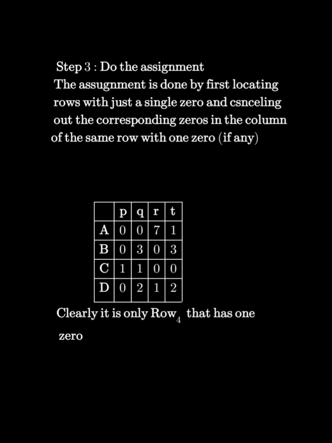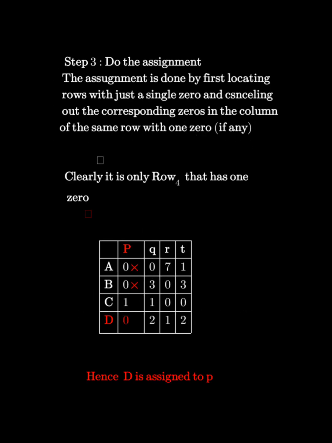So because row 4 has one 0, you are going to assign row 4. Row 4 will be assigned, and every corresponding 0 in the column of that row 4 will be striked, or cancelled. We have that in the next slide.